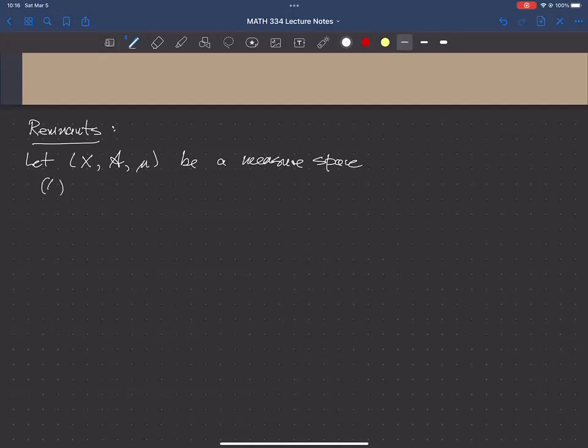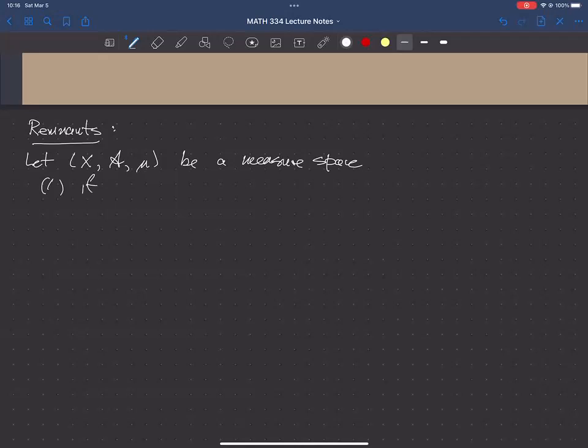And so measures have a couple of properties which are useful. The first is that they have the monotonicity property of an outer measure. That's not included in the assumptions of a measure, but it is a property that measures have.